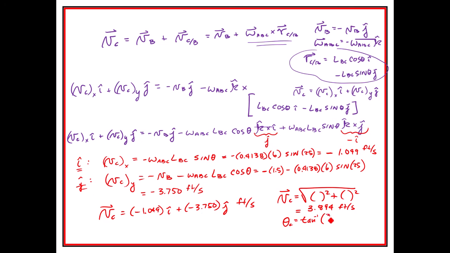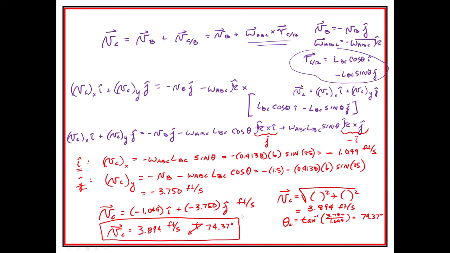So we just take our 3.75 and divide by our 1.049, and we end up with 74.37 degrees. So the answer as a vector is 3.894 feet per second at 74.37 degrees, sometimes I'll put the quadrant first.